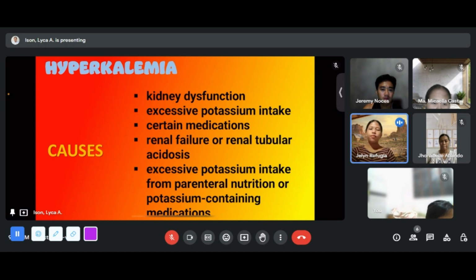And we also have the excessive potassium intake from parenteral nutrition or potassium containing medications. So one of the examples of potassium containing medication is potassium chloride, which is used to treat and prevent the low blood potassium levels or hypokalemia na matatalakay natin mamaya. So next slide.